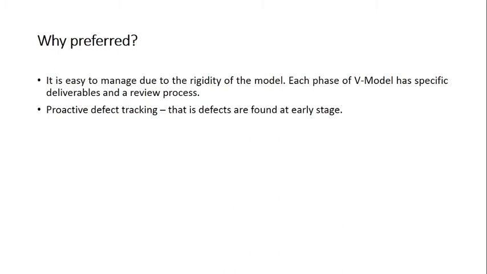Like in the waterfall model or the previous model, we have seen that testing is a single activity which is carried out after coding. But from the V model it is now clear that testing is not a single activity, it is a process which starts whenever you start with the requirements.